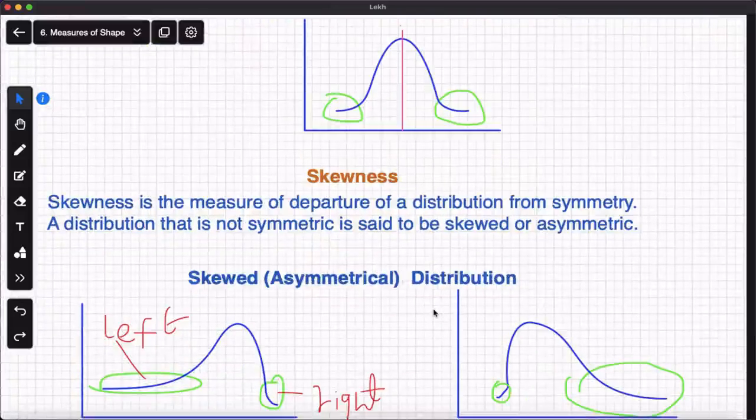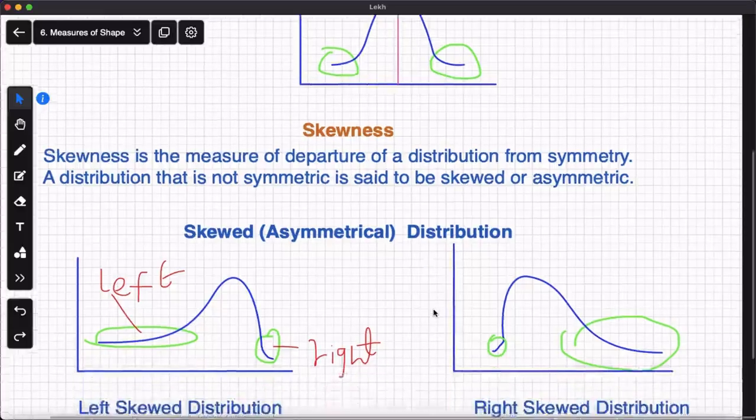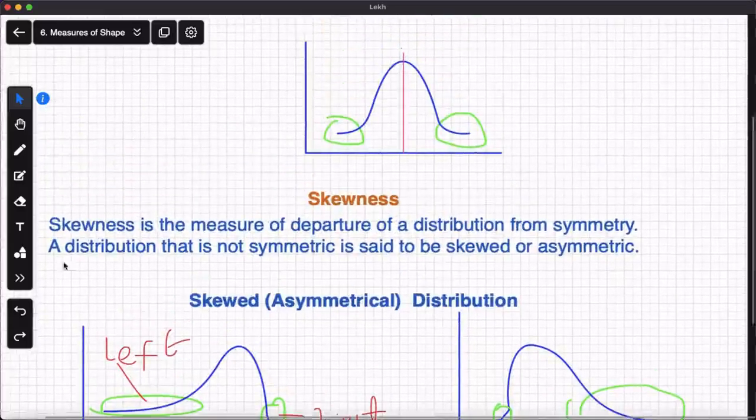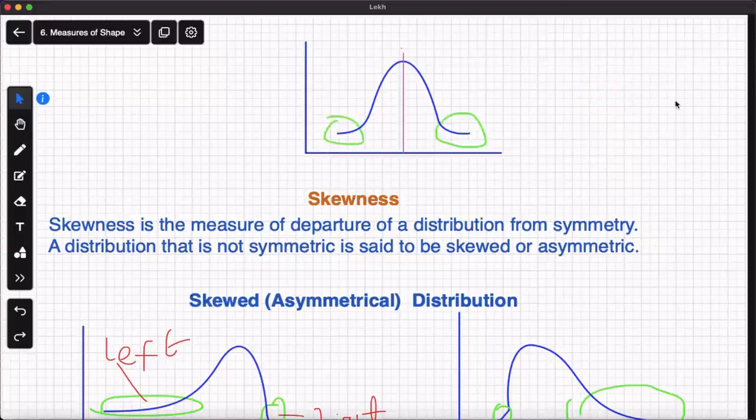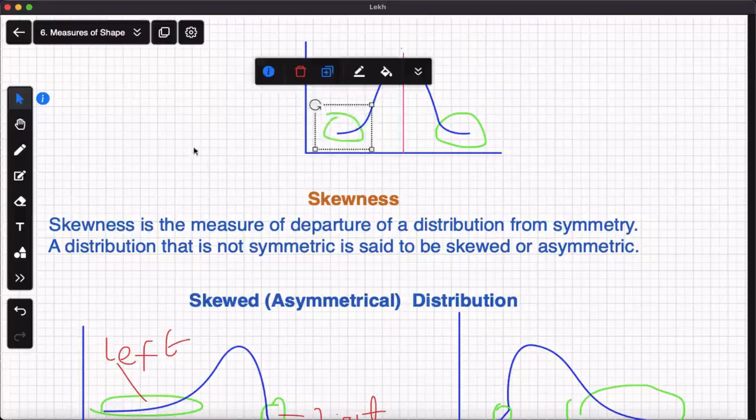A distribution that is not symmetric is said to be skewed or asymmetric. A normal distribution looks something like this without the things that I have put here in green, which are to show you something. This part will be called the left tail, while this part will be called the right tail.